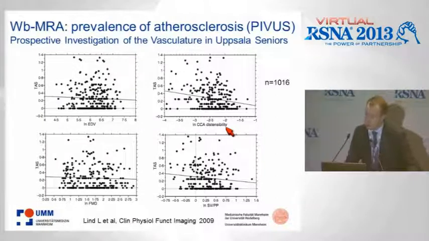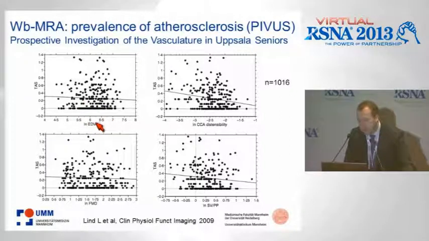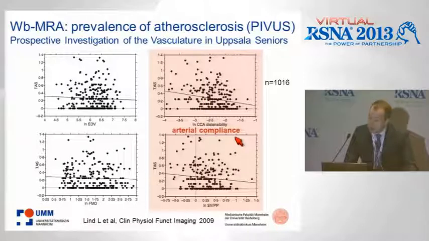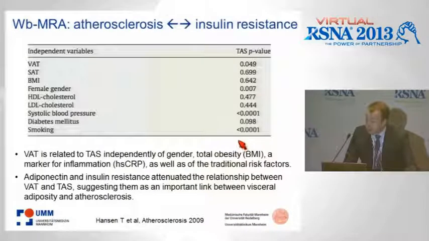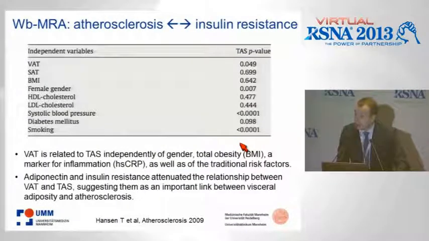While, for example, the endothelium-derived vascular dilatation, which is typically measured in the forearm and not so much affected by atherosclerosis, interestingly, did not significantly correlate to the total atherosclerotic burden as measured by whole-body MR. So it really is a measure of arterial compliance, and this is quite interesting, because you can also correlate this to other systemic mediators of atherosclerotic disease.